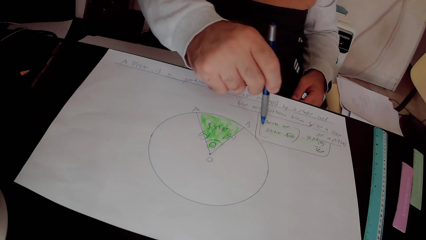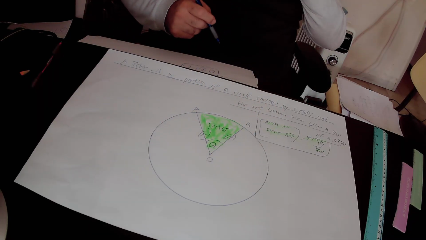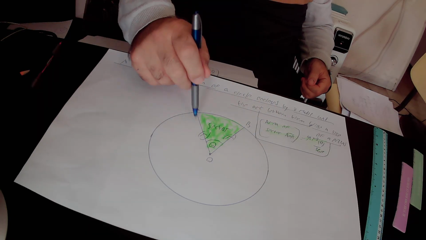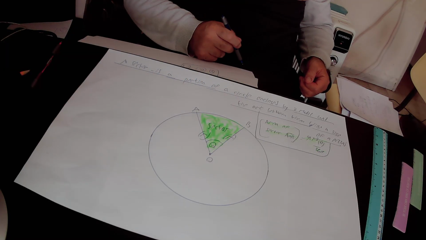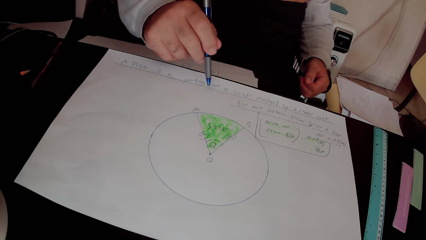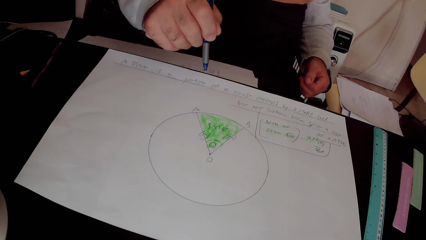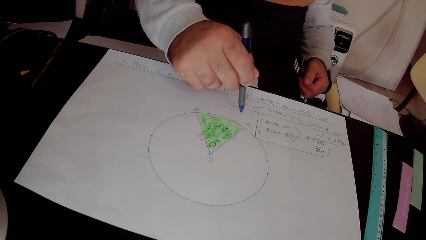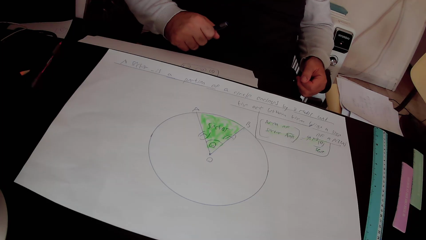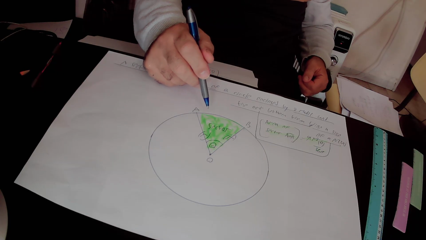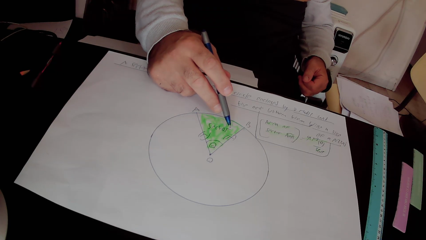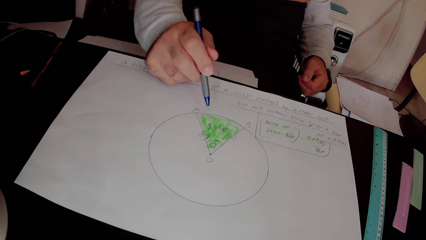It is a portion of this circle, enclosed by two radii and an arc between them. The angle between the two radii is theta. The two radii are also defined as the legs of the sector.